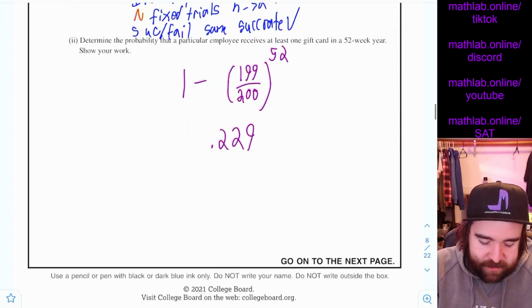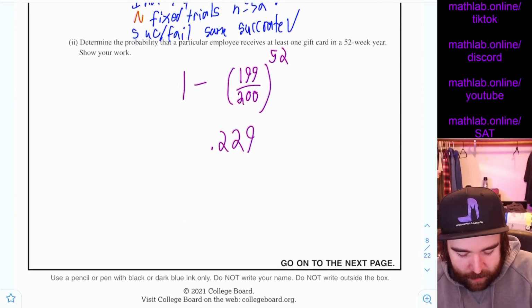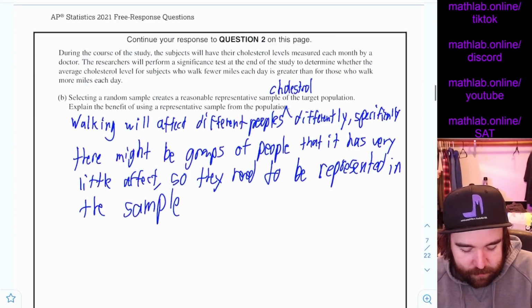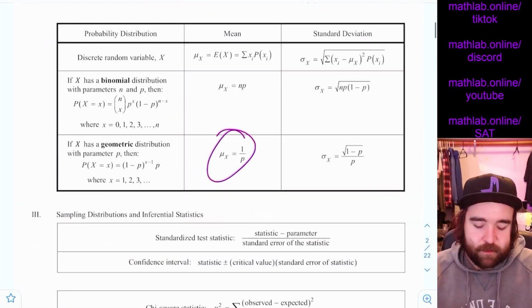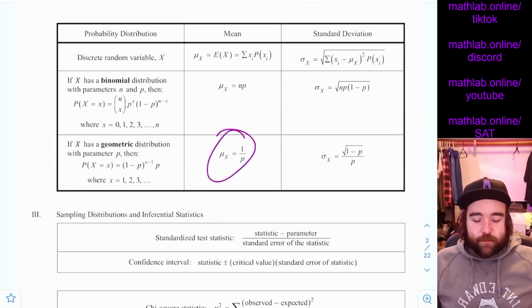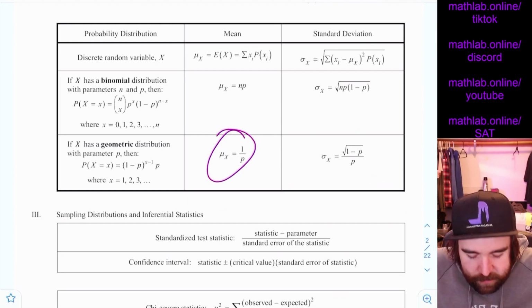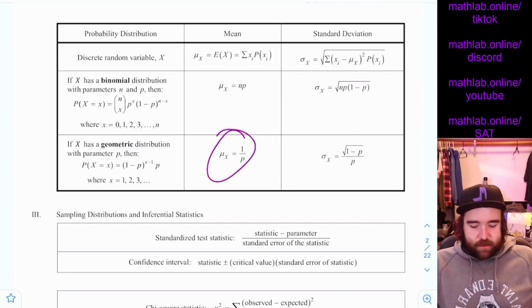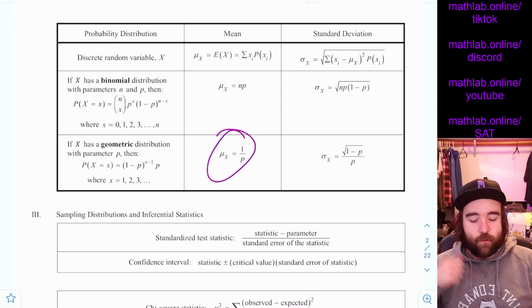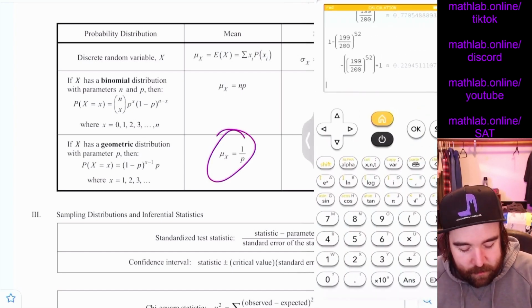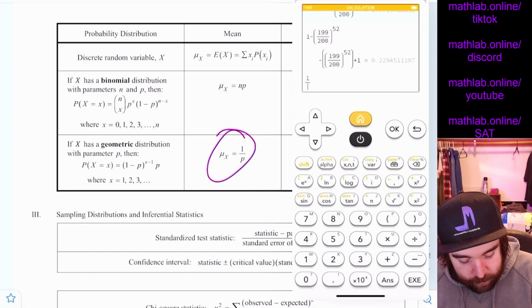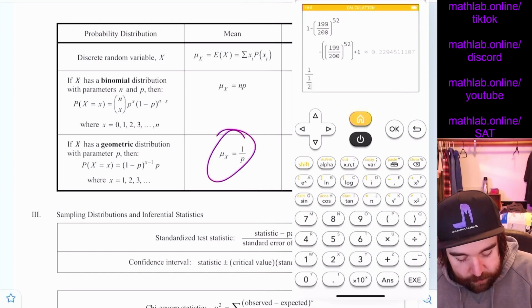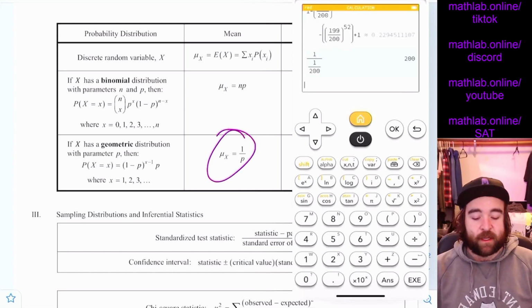And so I realized that when I came up here to find the expected value, there's no n in the geometric formula, because that's not what geometric is. Geometric is how many do you need until you get a success. So you could say on average how many weeks until the employee gets a gift card. That would be 1 over 1/200, so very clearly 200 is the expected value.